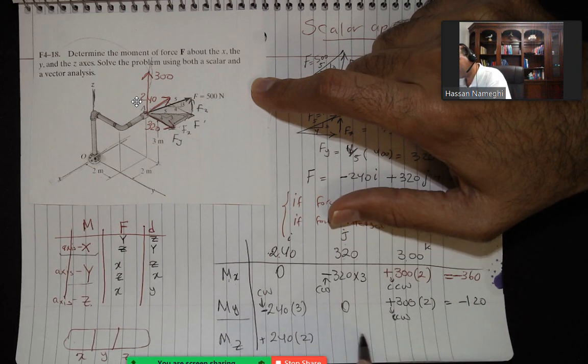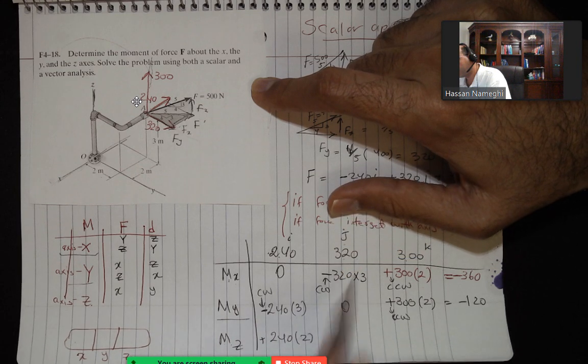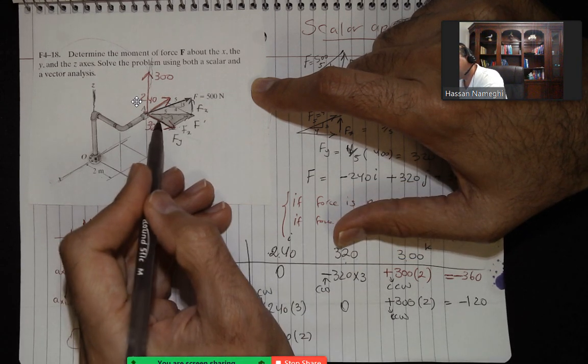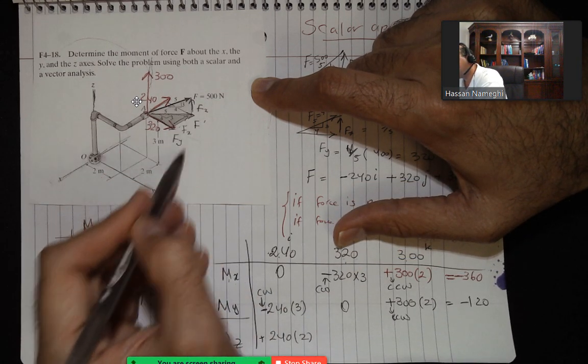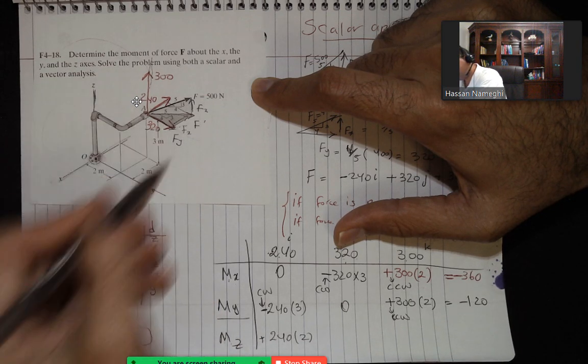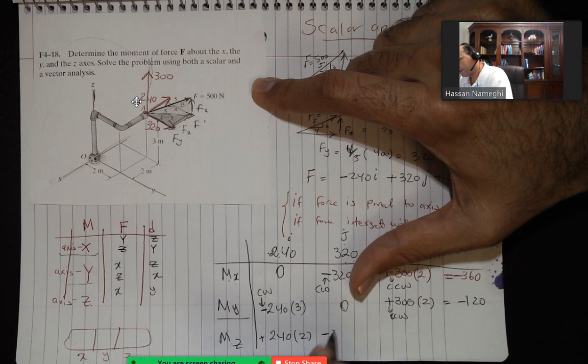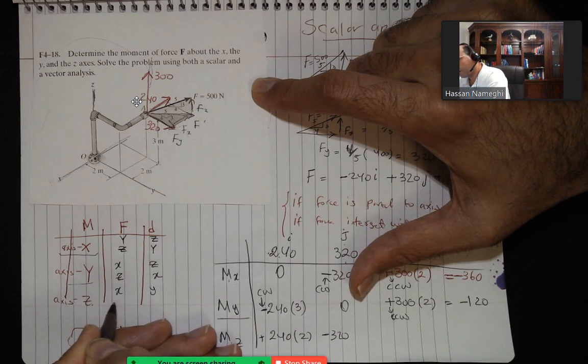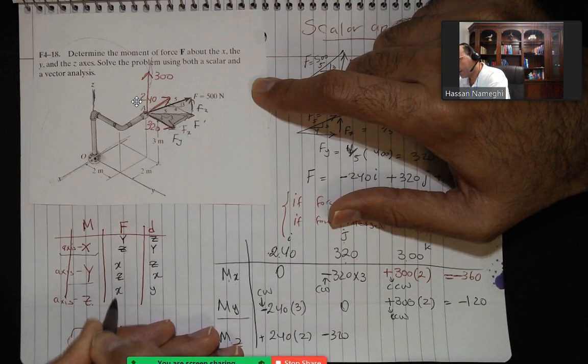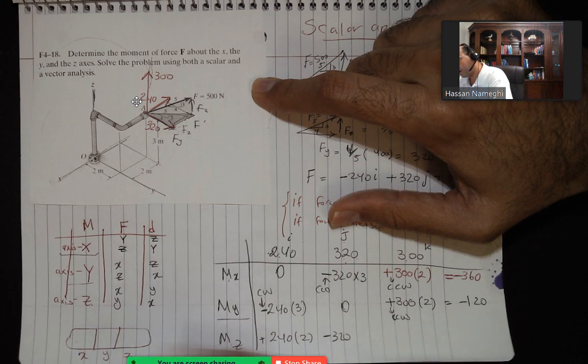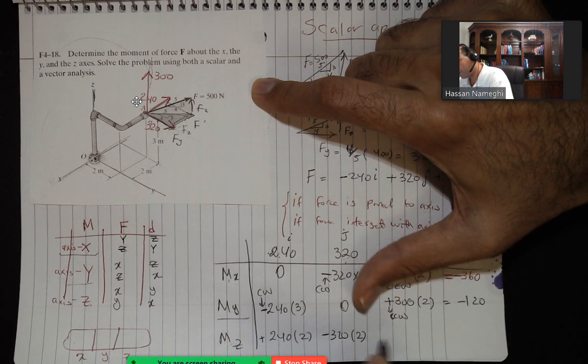The next one is the force of 320, which is this one. I'd like to do rotation about z. And that one is going to go clockwise. So minus 320, the force is on the y, distance will be on the x. So 320 times 2.